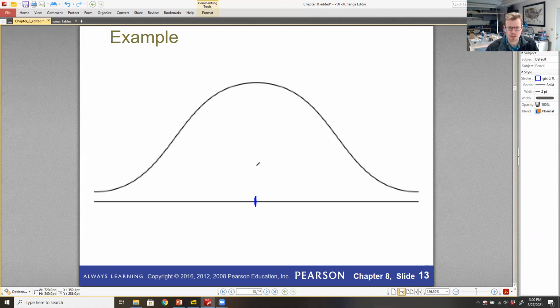So we're going to change our picture to be centered about the sample mean, because that's what we're using as our estimate. We're going to construct what we'll call a 95% confidence interval. That percentage can change, but it's the one we'll use for now.